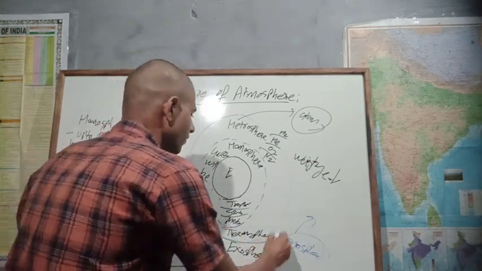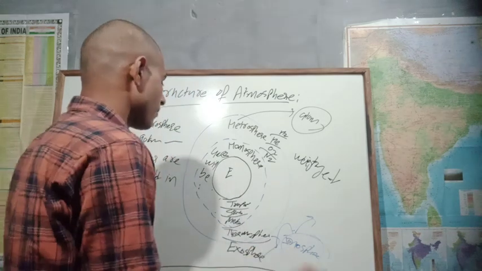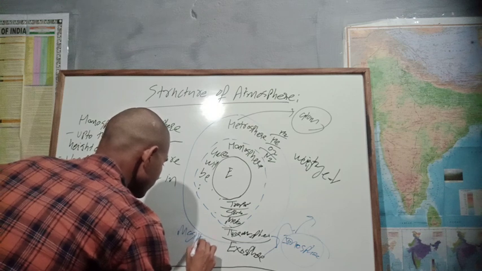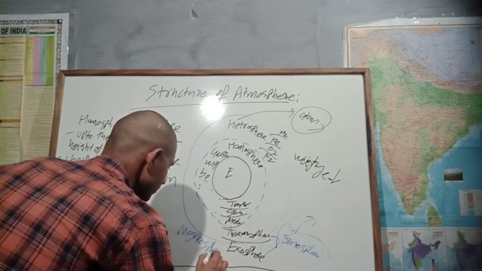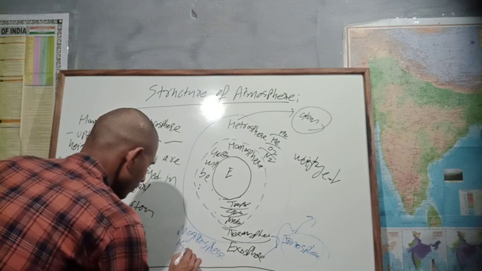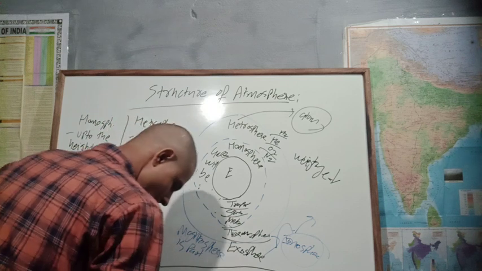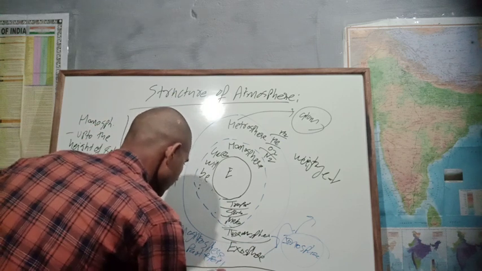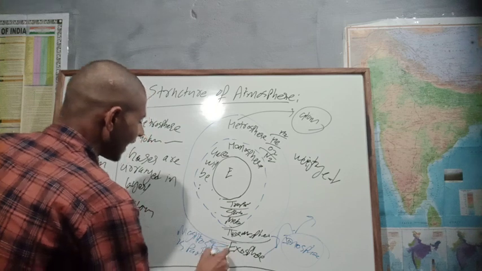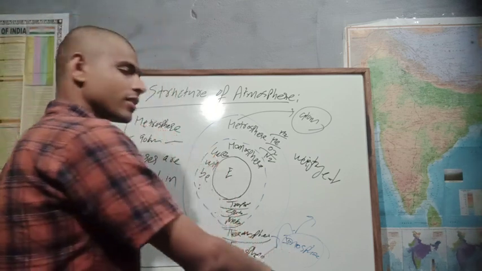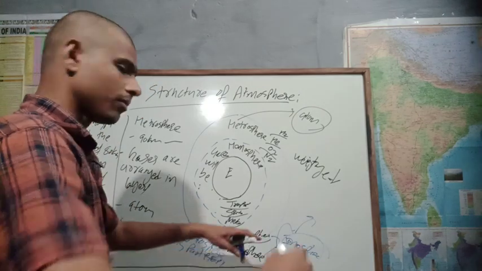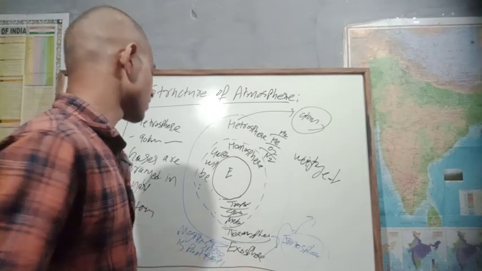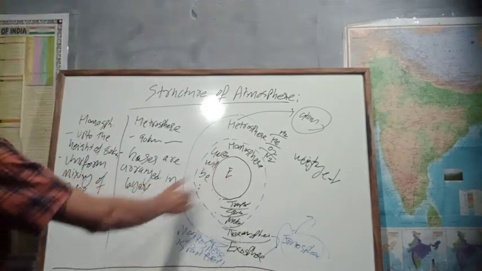And magnetosphere is part of exosphere. So magnetosphere lies in exosphere, and ionosphere lies between; it is actually part of both these spheres. Fine. So you can mention these three layers here and these two here.